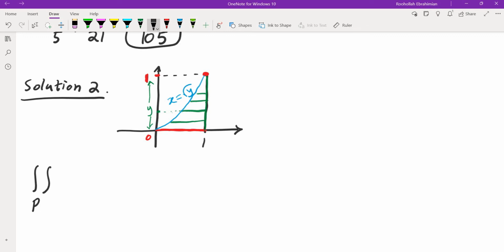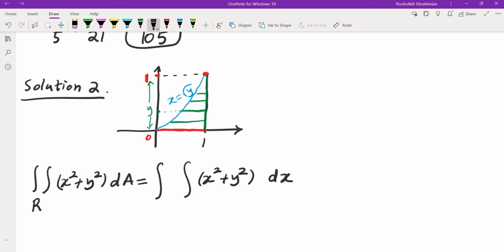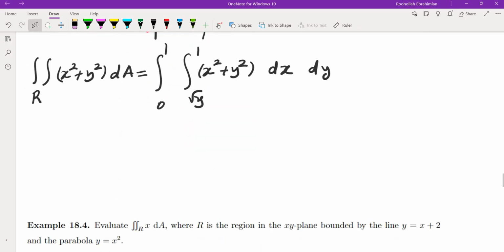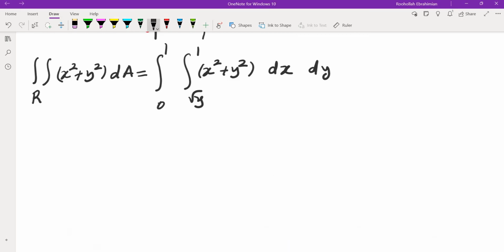So the double integral over R of x squared plus y squared dA is equal to, for any given y, dx, the limits for x are from root y to 1. And dy, the range for y would be from 0 to 1. Now we can integrate the same way, and we should get the same answer.